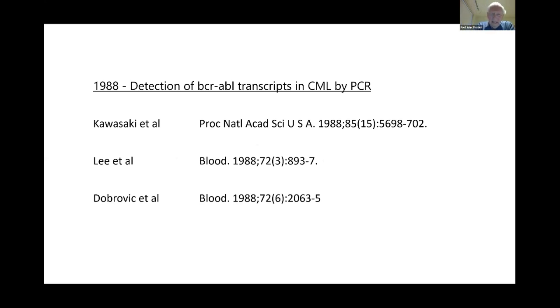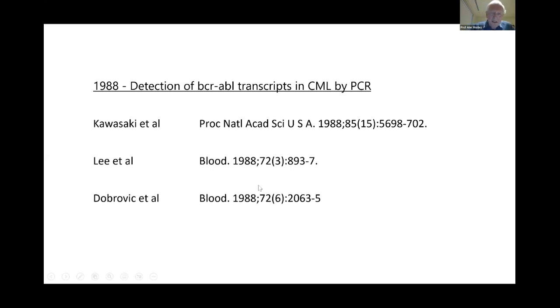And in 1988, several years after PCR was discovered or published, 3 groups pointed out how the BCR-ABL transcripts could be detected. Although it was a few years before they could be quantified, and I probably won't talk about CML further. I think NEQAS will be talking about that.